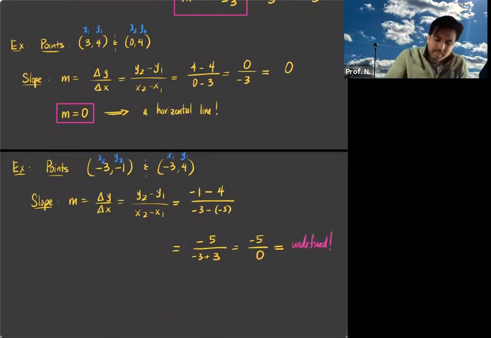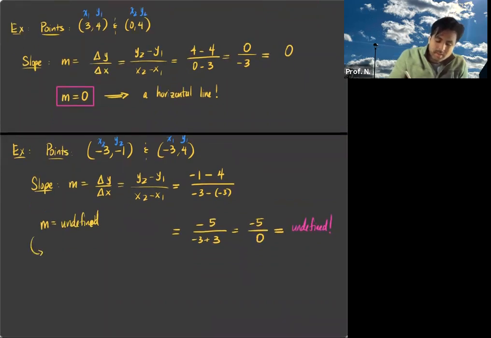And if my slope is undefined, what kind of line is associated with it? So if slope is undefined, what's the line? It's a vertical line. Very good. So we have a vertical line. And let me ask one step further. What is the equation of this vertical line?